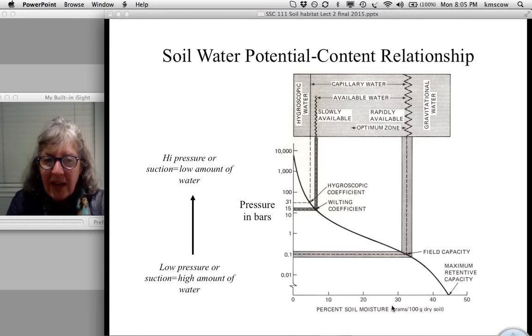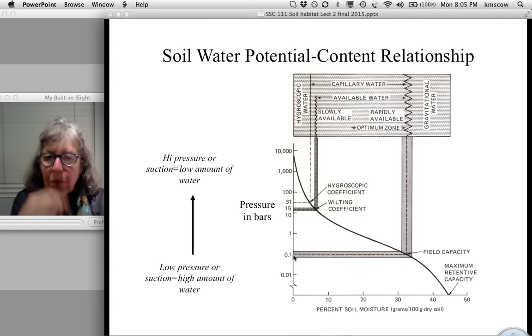So what we have here then is at 0 bar, right? 0 bar on the y-axis. At 0 bar, we have as much water as is possible in that soil. That's the maximum capacity of the soil to hold water. So it's about 45%. And then as you apply greater and greater pressure, here we're going to about 0.1.